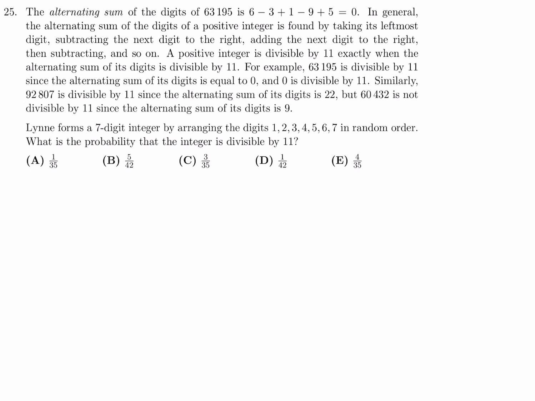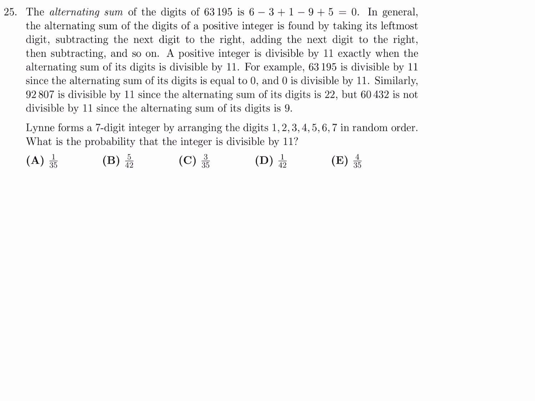The alternating sum of the digits 63195 is 6 minus 3 plus 1 minus 9 plus 5, which is equal to 0. In general, the alternating sum of the digits of a positive integer is found by taking its leftmost digit, subtracting the next digit to the right, adding the next digit to the right, then subtracting, and so on. A positive integer is divisible by 11 exactly when the alternating sum of the digits is divisible by 11.